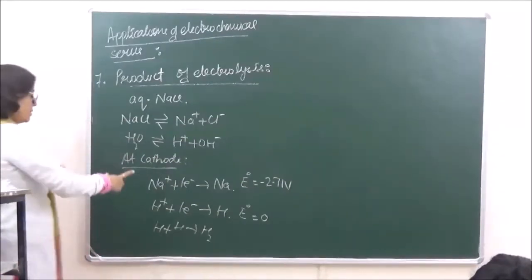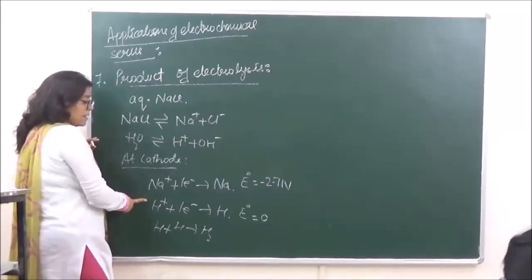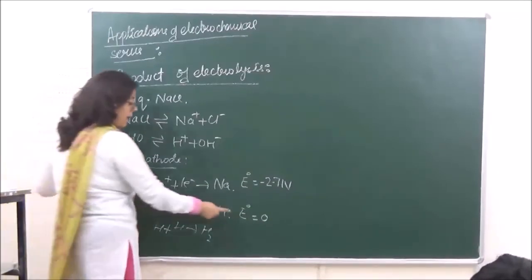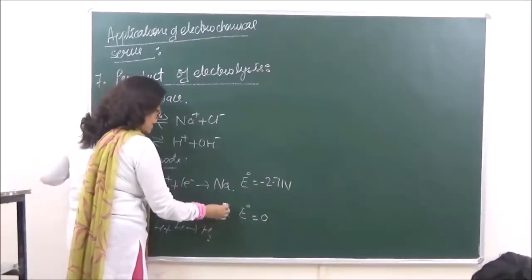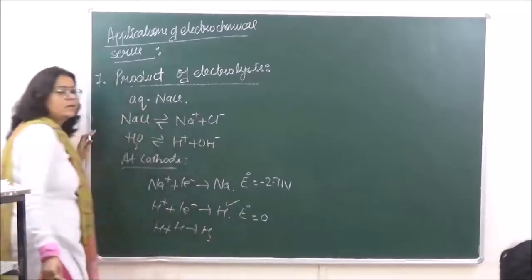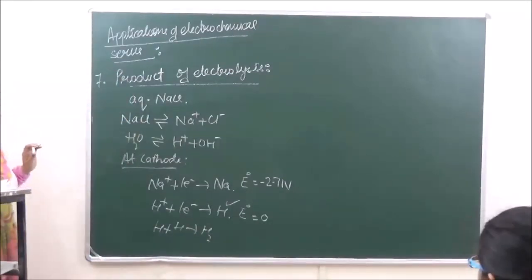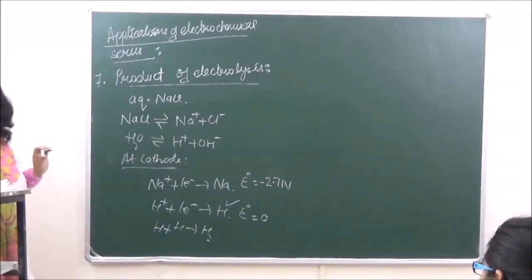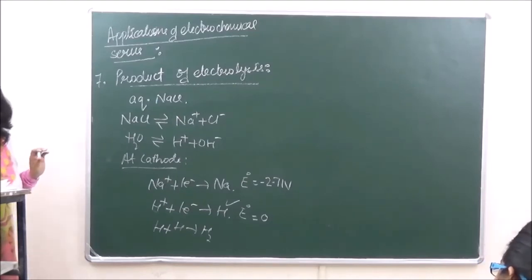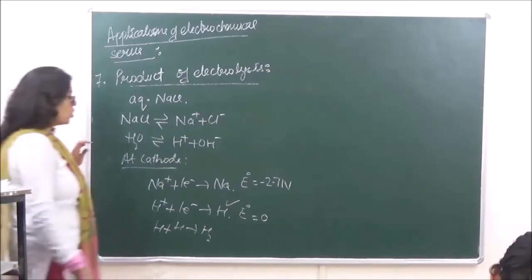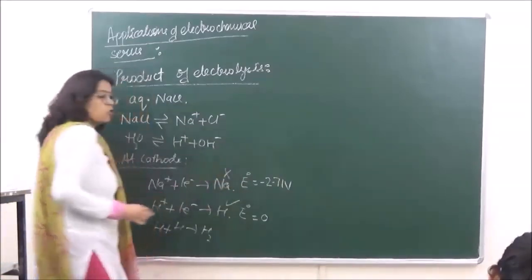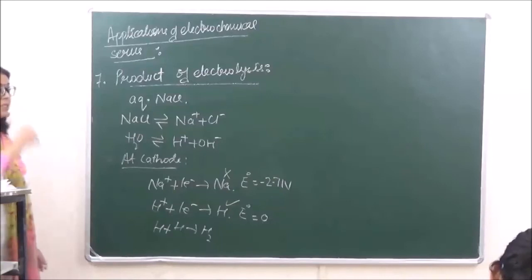Now over here, the element which has the higher value of reduction potential is going to be discharged. Clear? So in this reaction, sodium is not going to be deposited at the cathode.